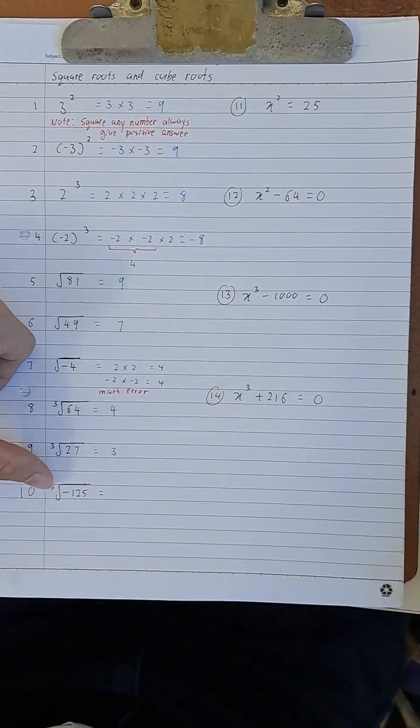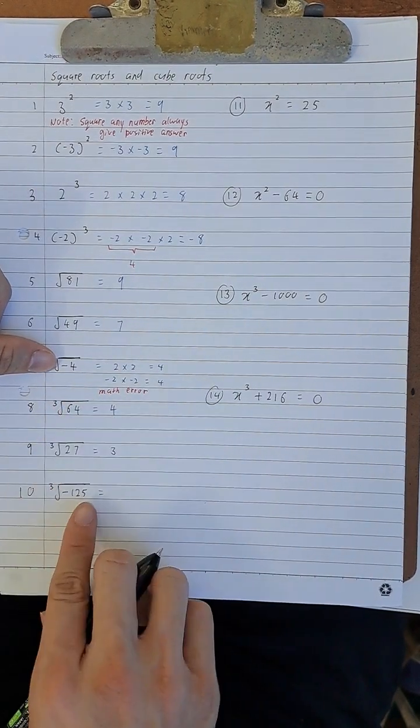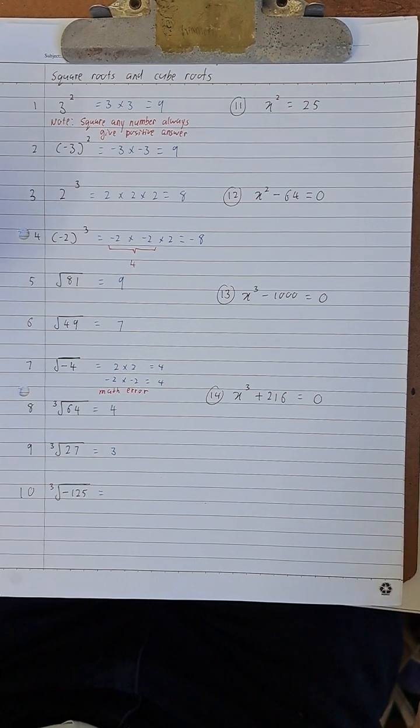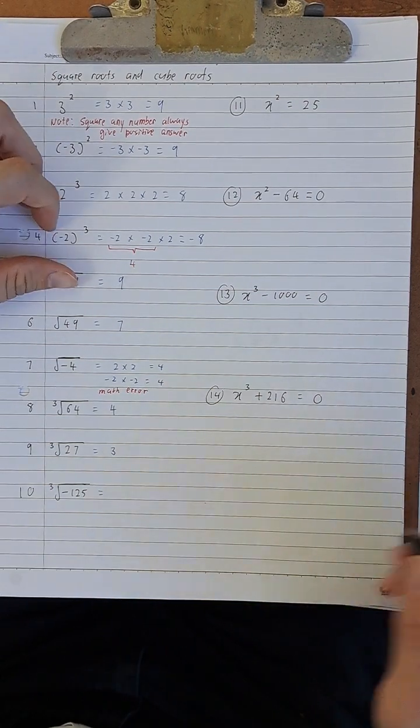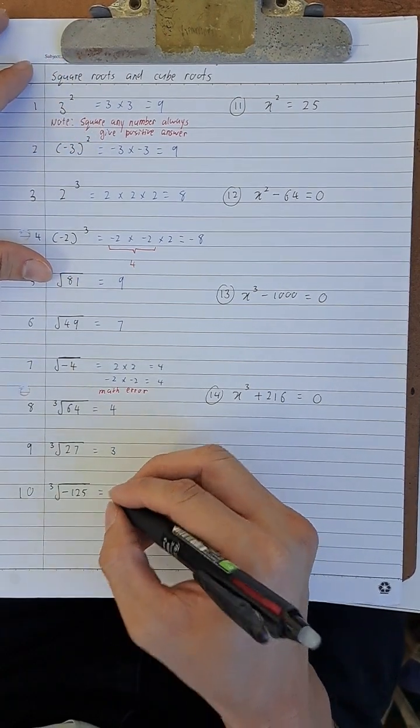Now this one is a bit of an interesting case because we have checked over here that this is a math error, but what about this case over here? Now cube root of negative 125, we can try to work this out with negatives.